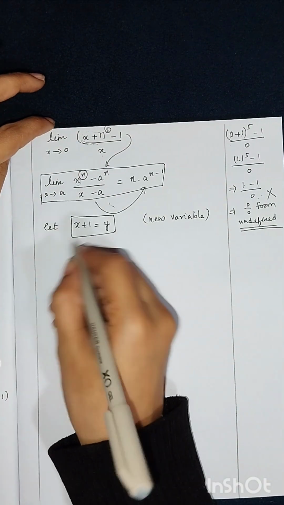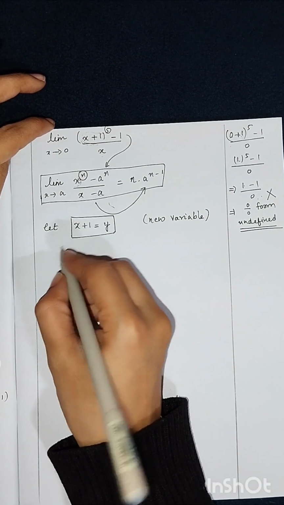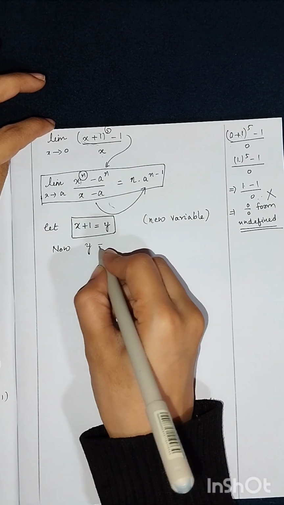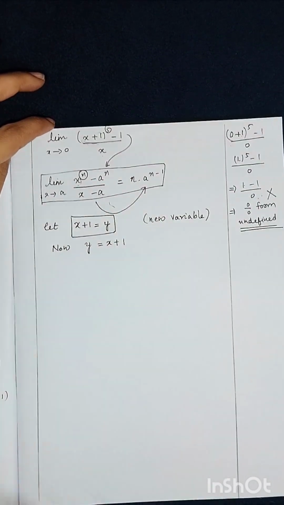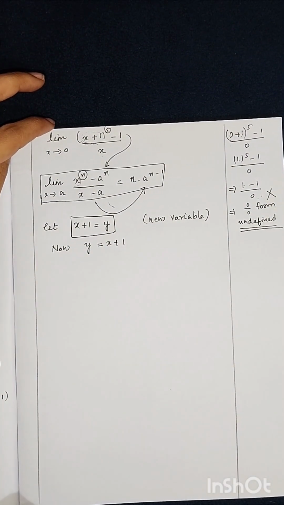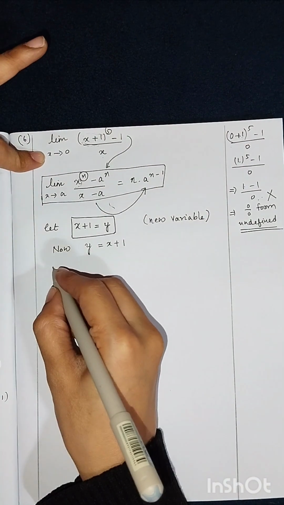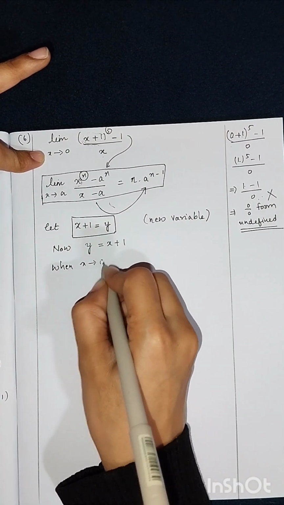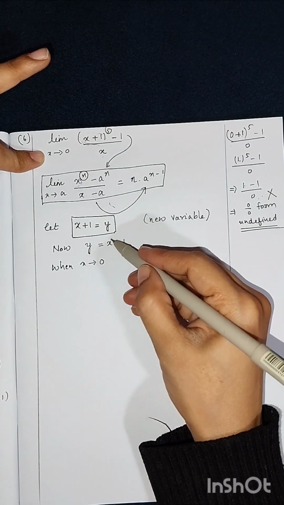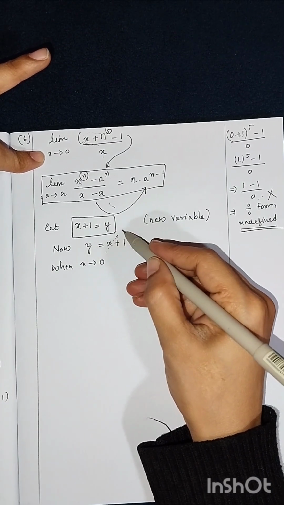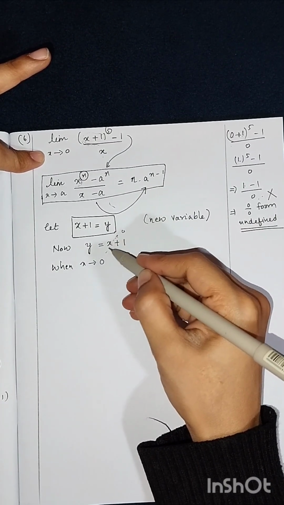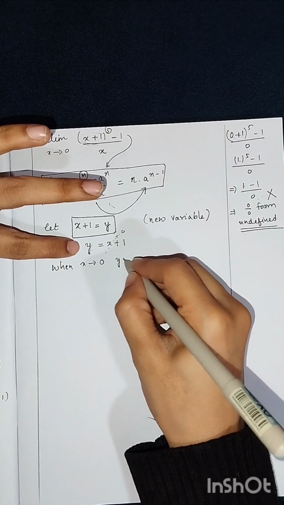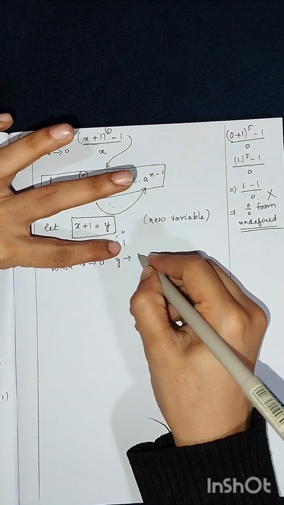Okay, so let us write this once again. If we just swap LHS and RHS, it will be y is equal to x plus 1. Now first we will change x tends to 0. When x tends to 0, when this number approaches 0, what will happen to y? y will approach 1.